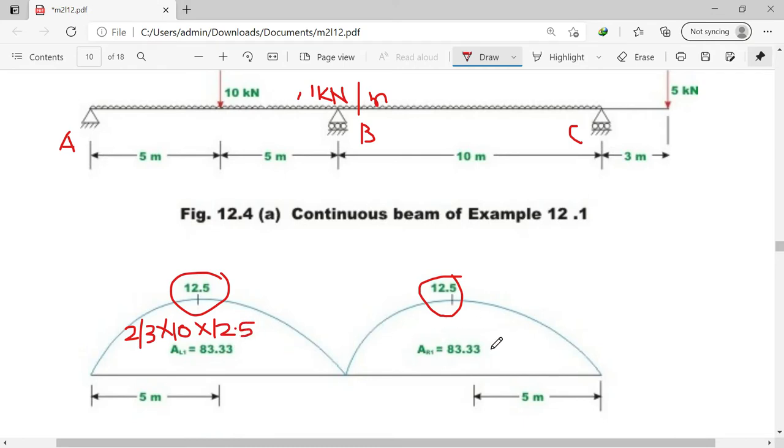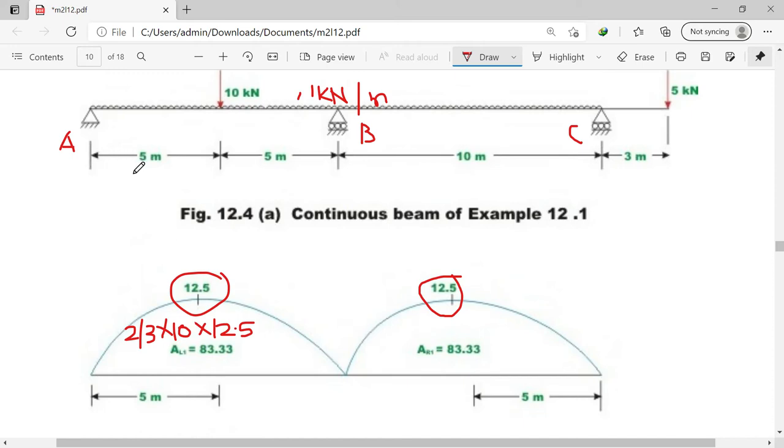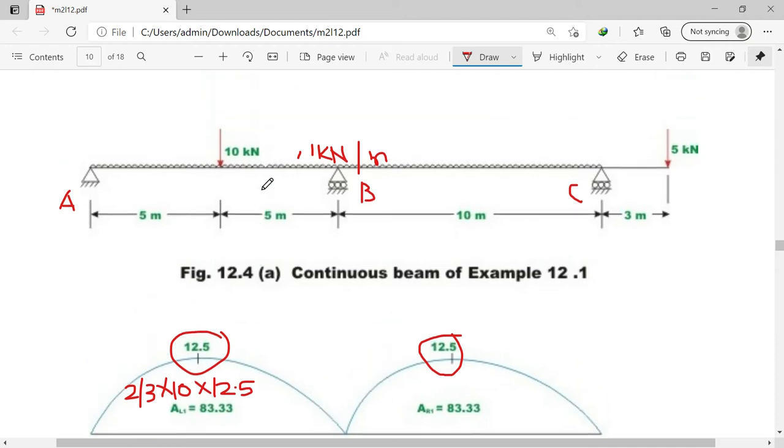Here also the answer will be the same for BC, because the intensity, length and apex magnitude are the same. The x bar is 5 meters from the left side, and 5 meters from the right side, that is support C. In addition, a 10 kN load is also acting on span AB.